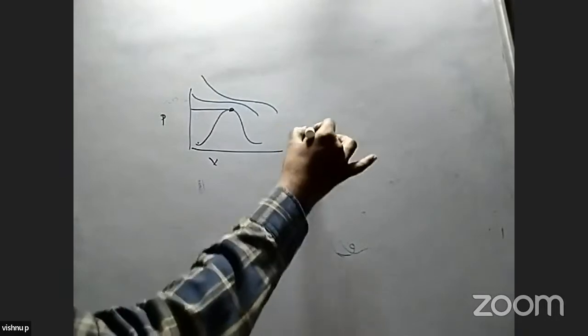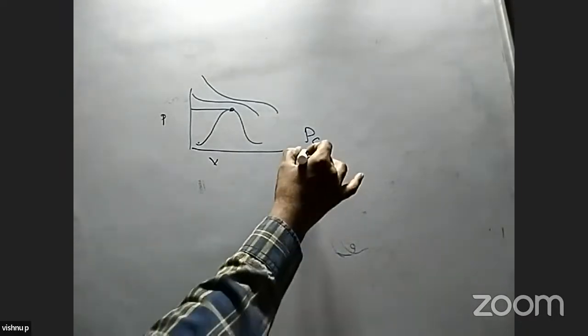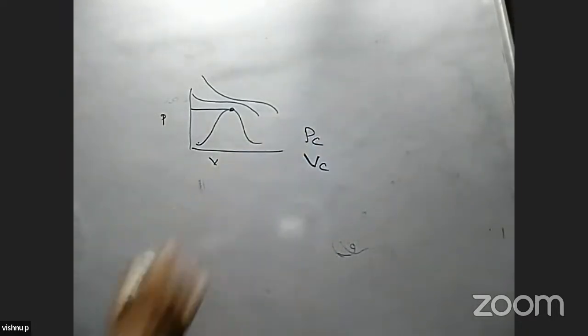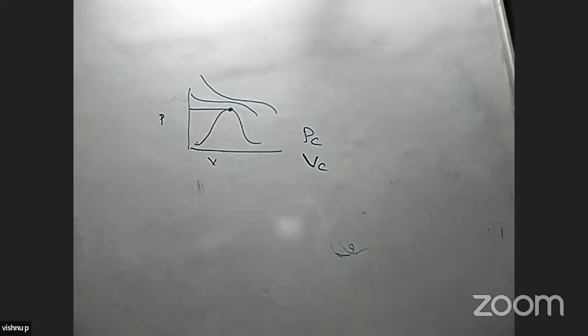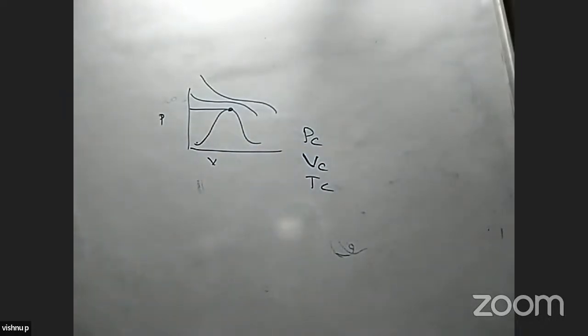So every gas has a temperature, pressure and volume at which it is converted into liquid. That pressure is indicated by PC, the critical pressure, at which gas is initially converted into the liquid state. That is called critical volume. And the temperature we use to convert gas into the liquid state is called the critical temperature.